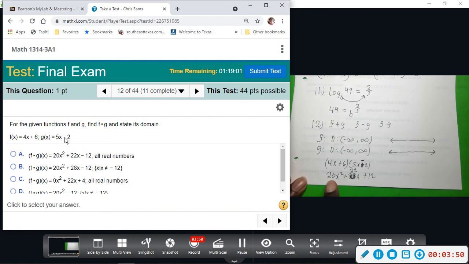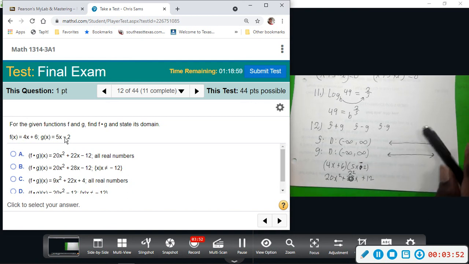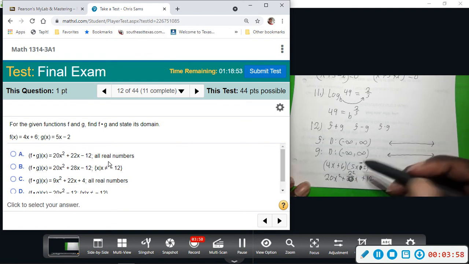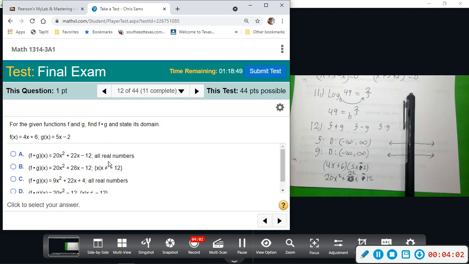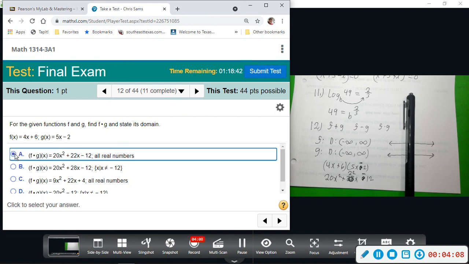So 20x squared plus 22x. I'm going to be careful with writing it. And then there will be a negative 12. So 6 times negative 2 would give us a negative 12. Got to be careful writing the signs down. So A looks like that's what we want, all real numbers, and that will be the equation.